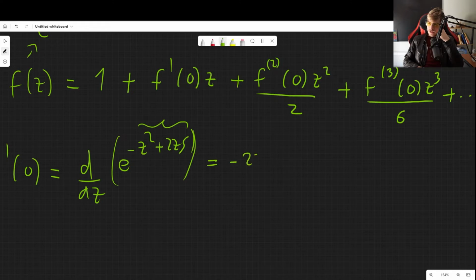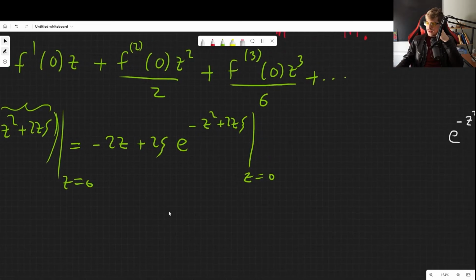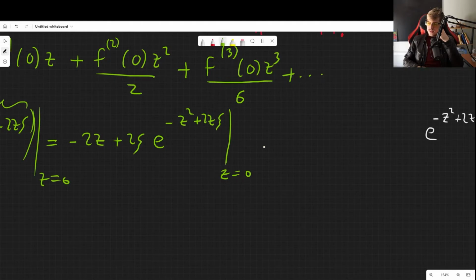So this is minus 2z plus 2 psi times, of course, the exponential, minus z squared plus 2z psi. And now we have to evaluate this at z equals 0, right? So when we do that, this z here will be 0, and the exponential will go to 1. So we get simply 2 psi.